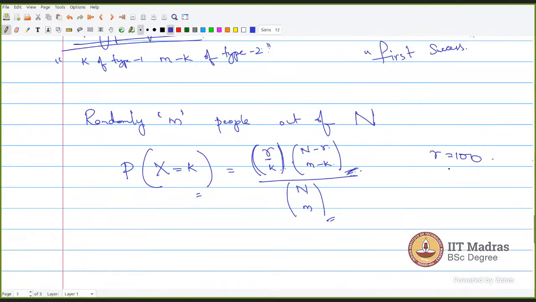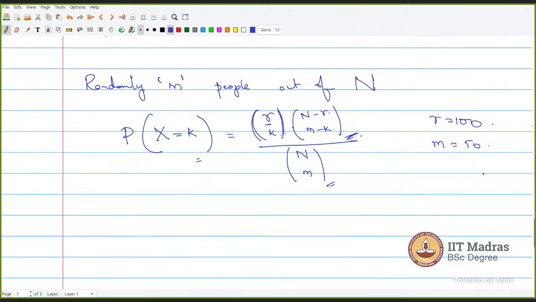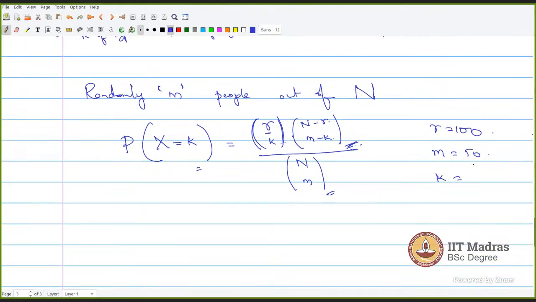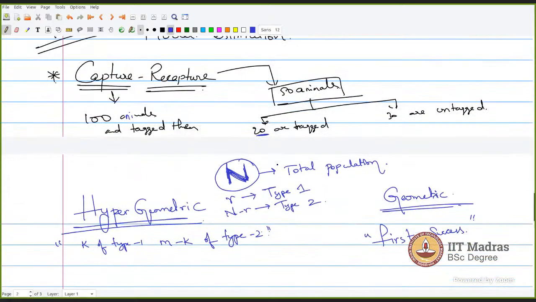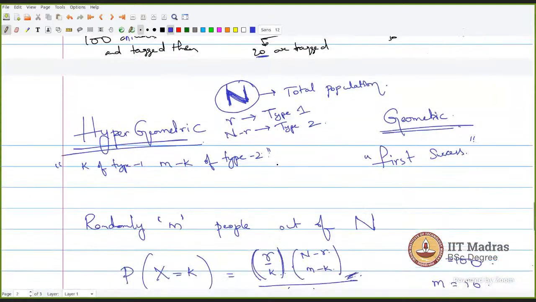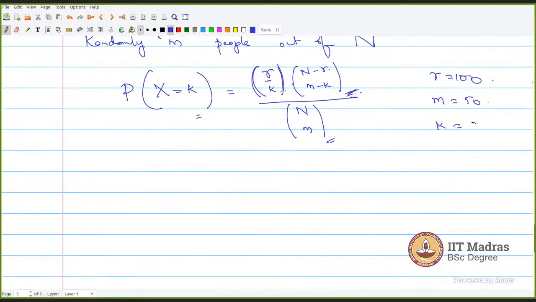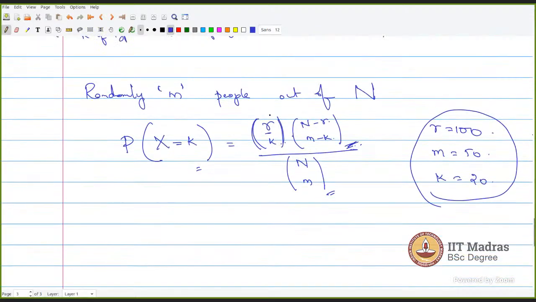We have chosen 50 animals out of it, and we know small k. k is 20, because 20 are tagged, that is, 20 are type 1. So once you know all these things, we are ready to predict capital N.